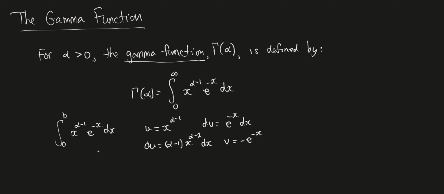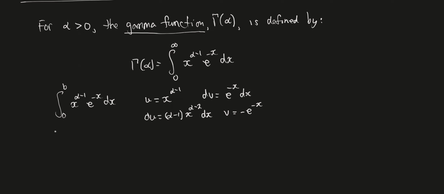So when I apply integration by parts, this integral from 0 to b of x to the alpha minus 1 e to the negative x dx can be expressed like this. It's uv, so it's my x to the alpha minus 1 times negative e to the negative x, and then minus the integral of v du.